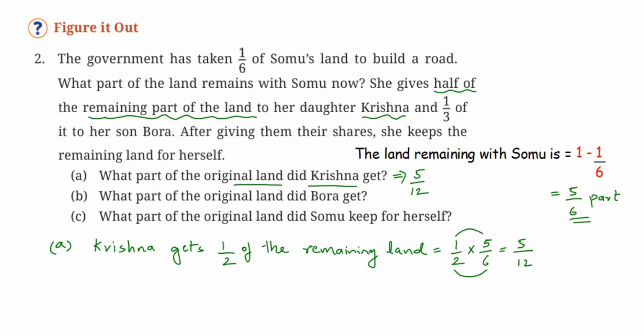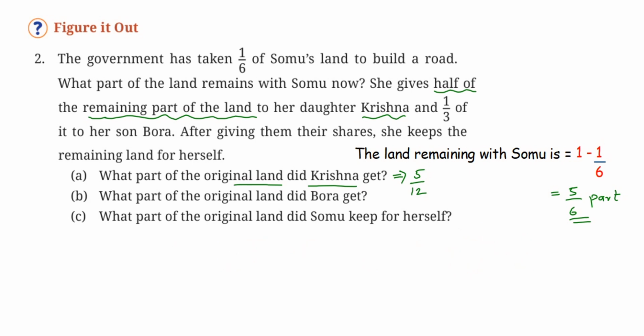Let's look at the next question. What part of the original land did Bora get? So how much did she give to Bora? 1/3 of it to her son. So Krishna gets half and Bora gets 1/3. So we have to multiply by 1/3. So I'll erase this and find the second one. Bora gets 1/3 of the remaining land.